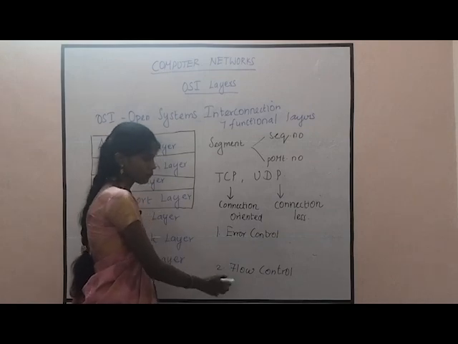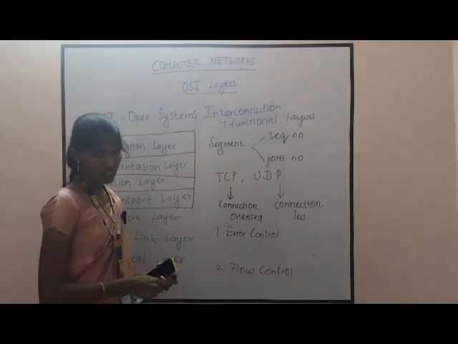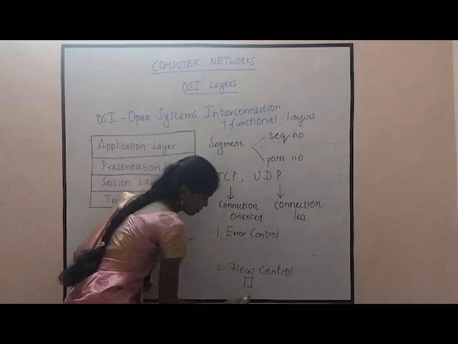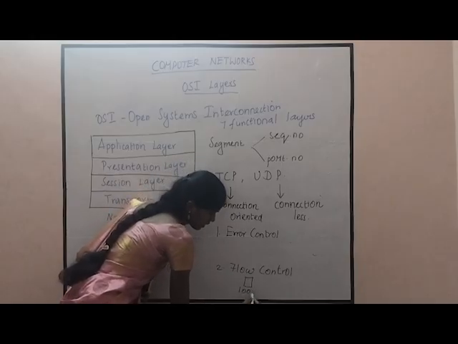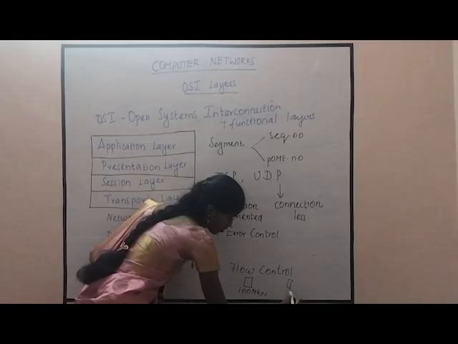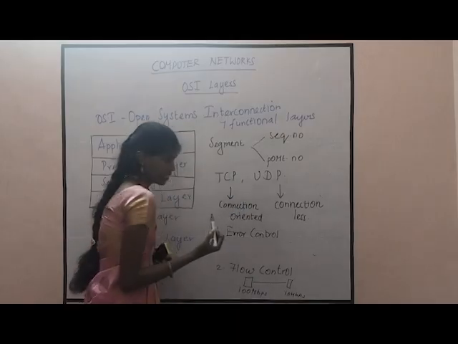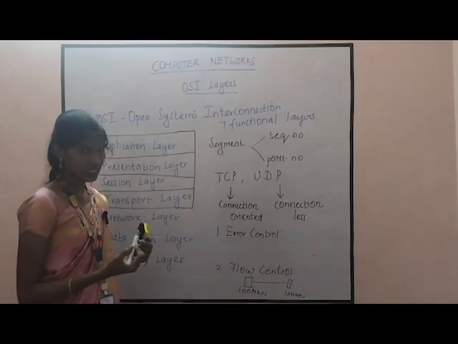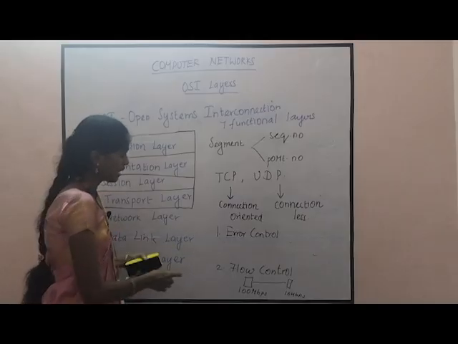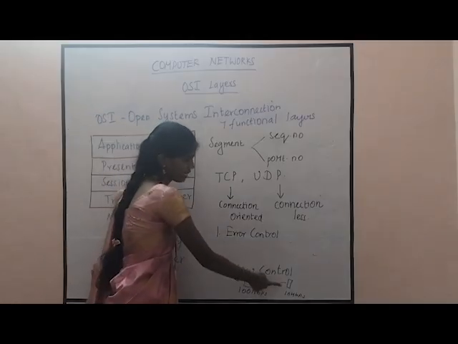For example, you have a device called a server. Consider this a server with a speed of 100 Mbps. And consider a mobile with a speed of 10 Mbps. Both have a connection and they have to communicate with each other for data transfer. Relatively, this is faster than this.